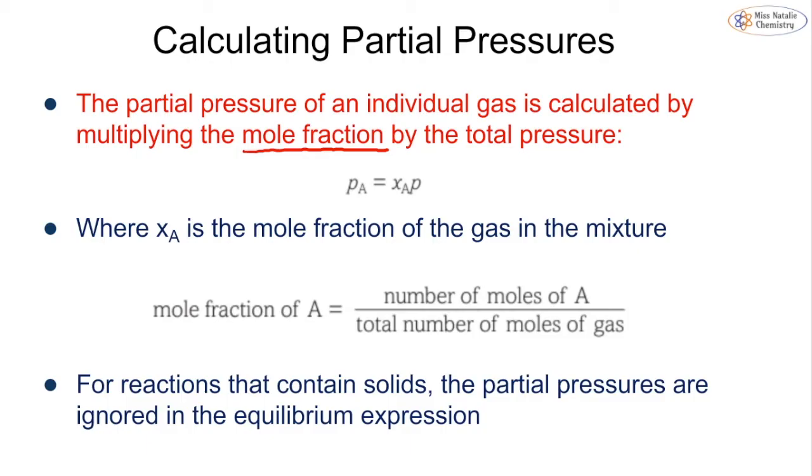So our mole fraction requires us to calculate the total number of moles at equilibrium, and then we put the number of moles of our reactant or product over that total number, and then we multiply it by our total pressure to get the partial pressure.